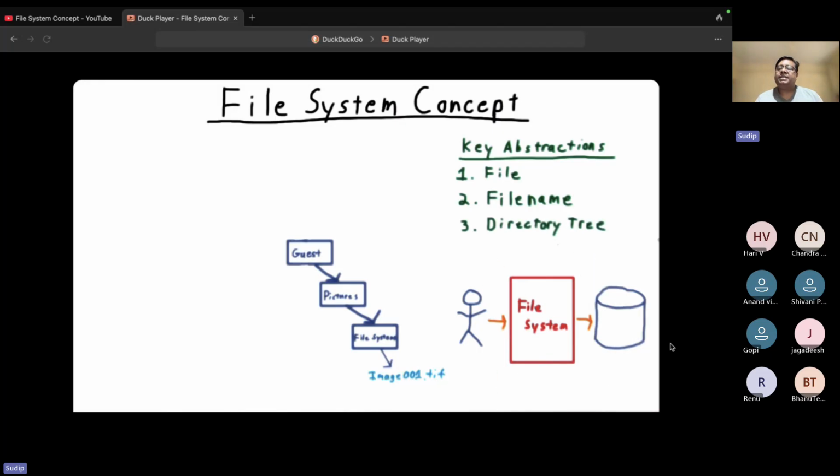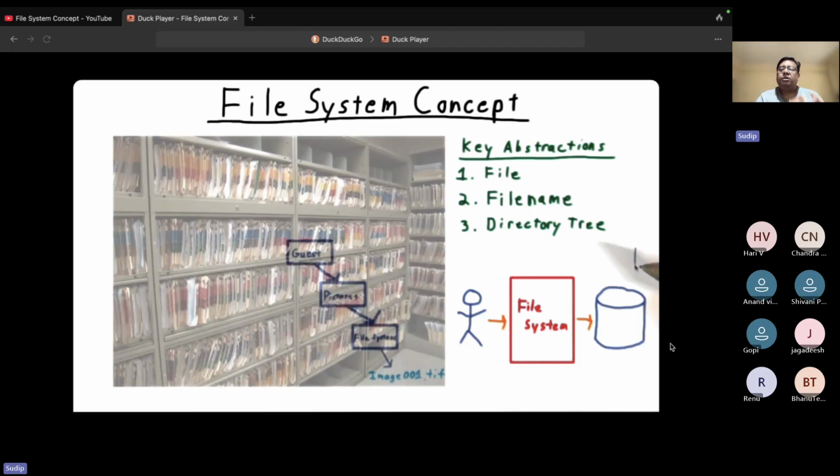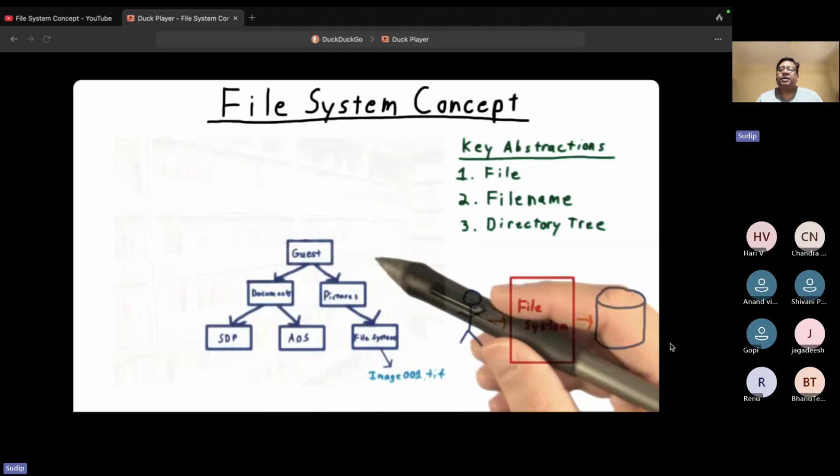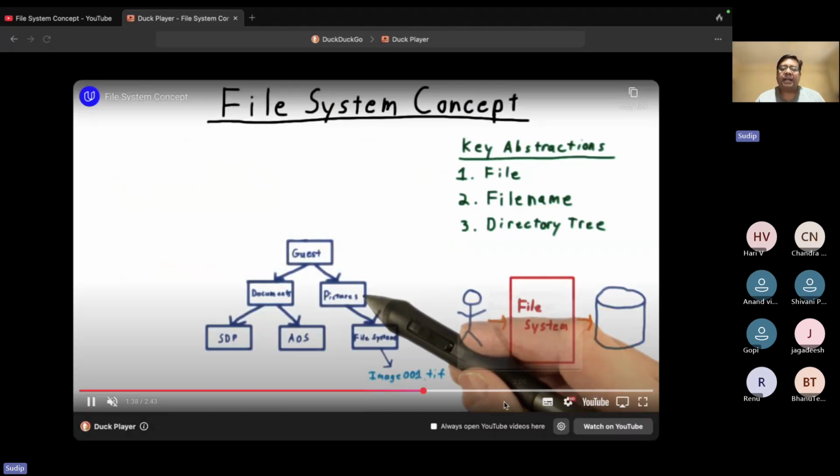And there is a certain hierarchy that is maintained, right? Because we as humans always try to organize our entire data or work or life into logical segments, like a hierarchy.